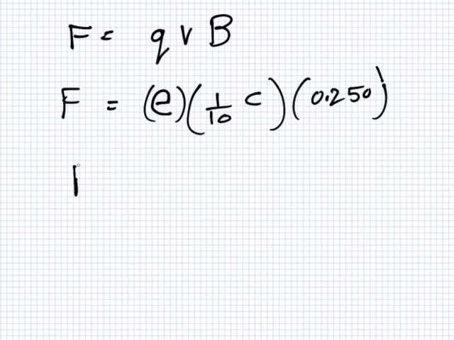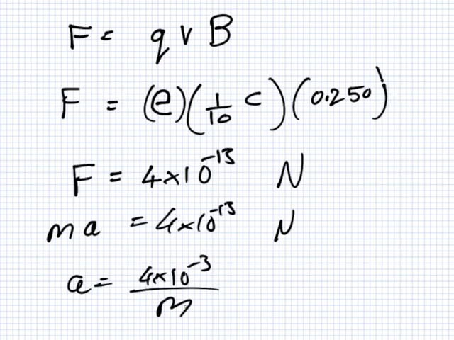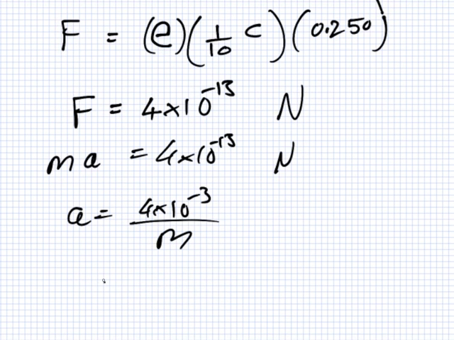So let me see. Shift 723 for the electron. Here I get F equals 4 times 10 to the minus 13 newtons. But that's not what I want. What was I looking for here? Acceleration. So Newton's second law says F equals ma. So that means the acceleration is this number divided by the mass. So if I divide my answer by the mass of a proton, electron.